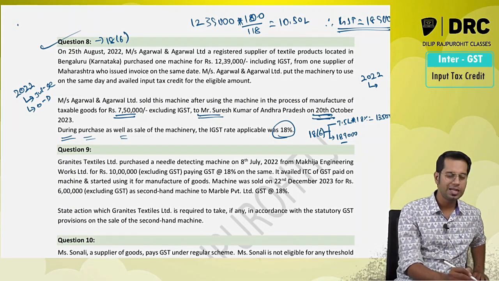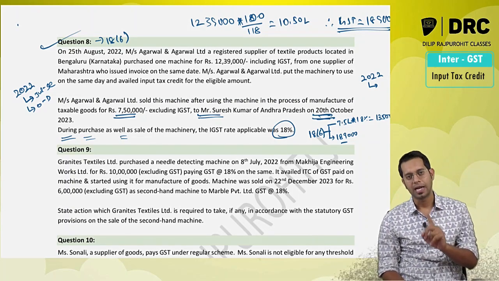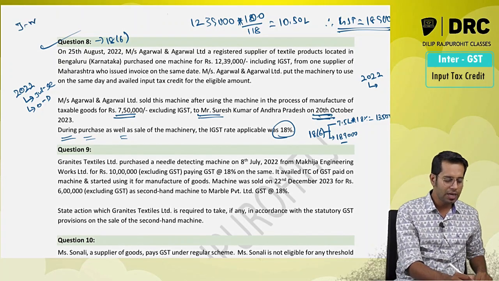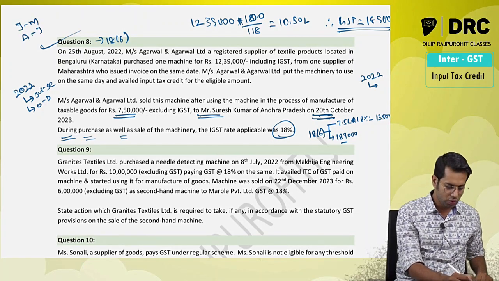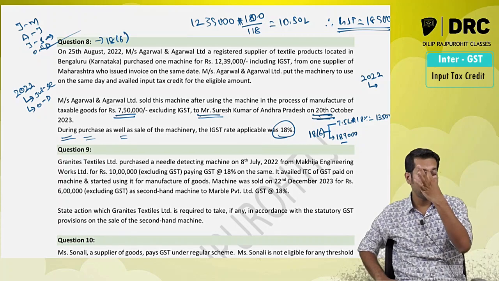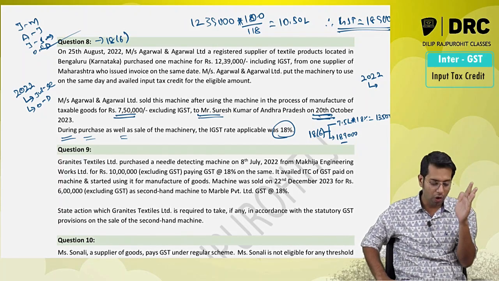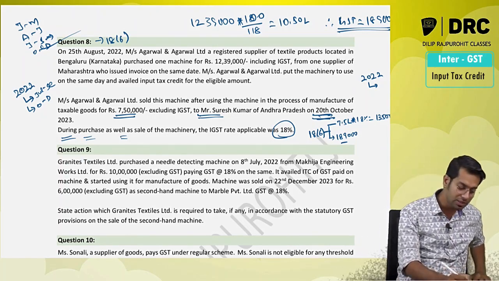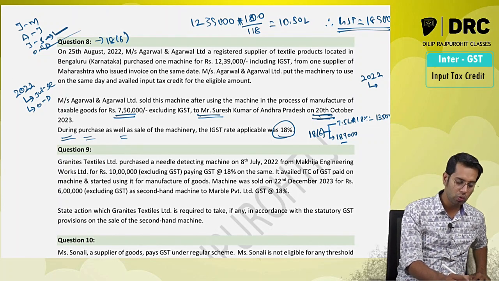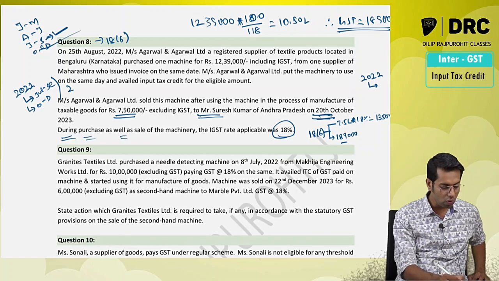Please note, a quarter is a period of 3 months starting from the first day of a calendar year: January to March, April to June, July to September, October to December. Now he purchased it on which date, sir? 25th of August, so it falls under this particular quarter. So in the year 2022, he used it for 2 quarters.